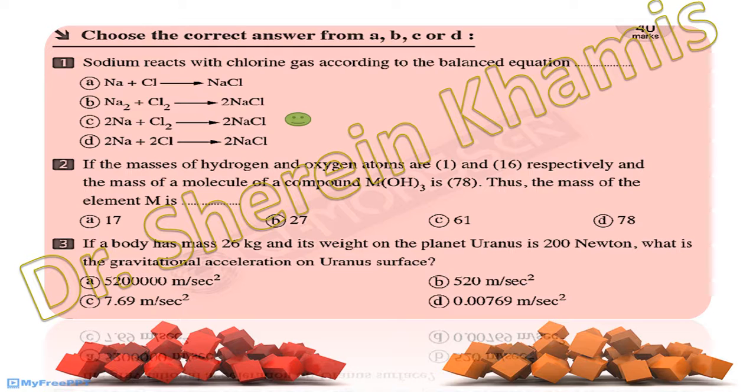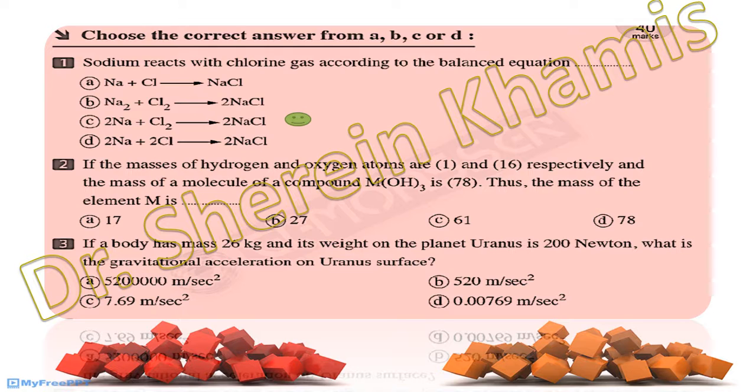If the masses of the hydrogen and oxygen atoms are 1 and 16 respectively, and the mass of a molecule of the compound M(OH)3 is 78, then the mass of the element M is, okay, we want to make a subtraction.